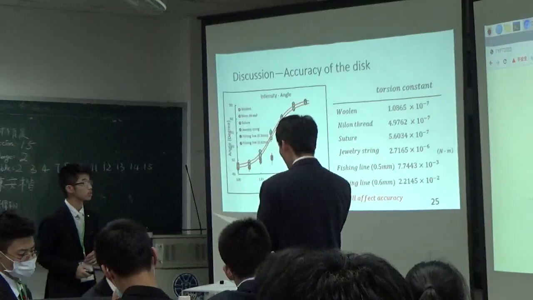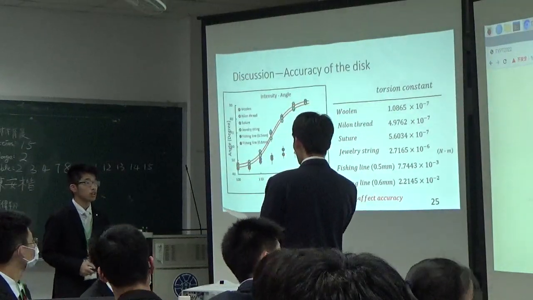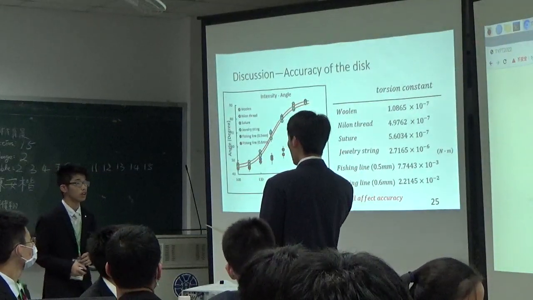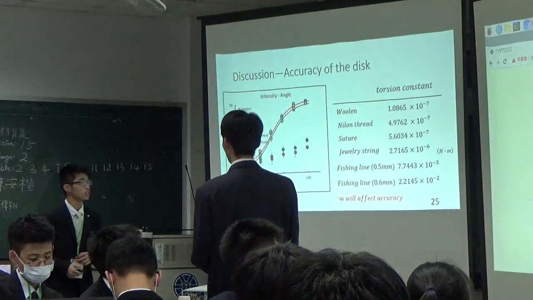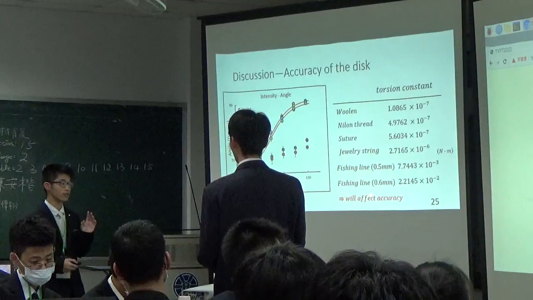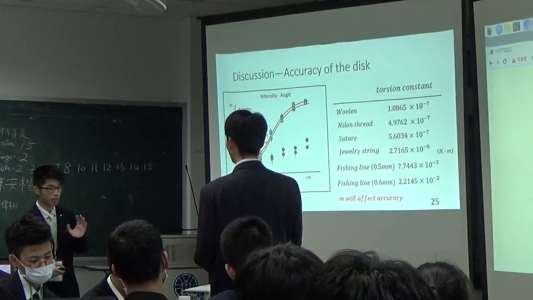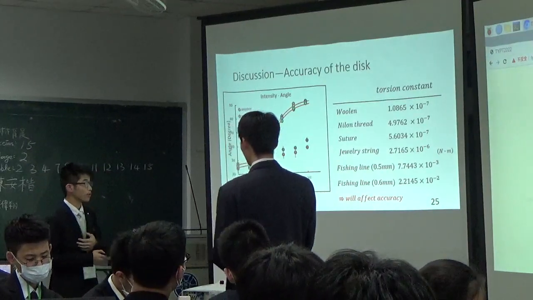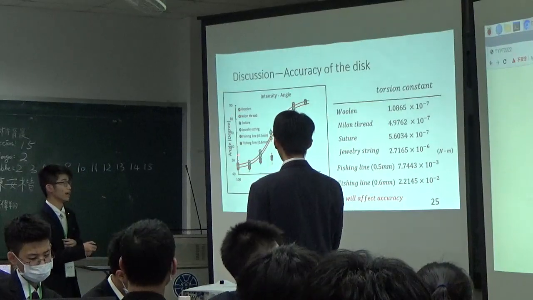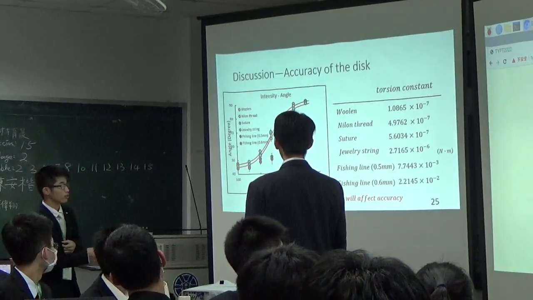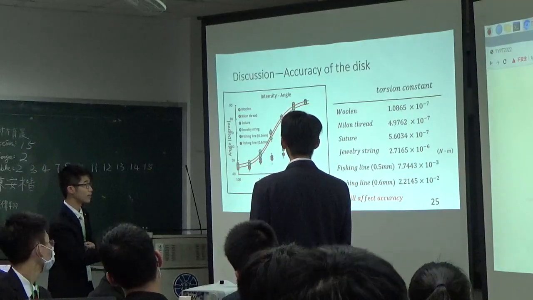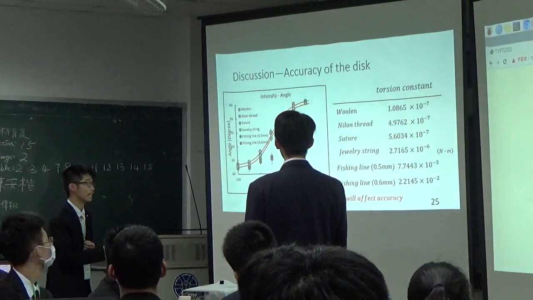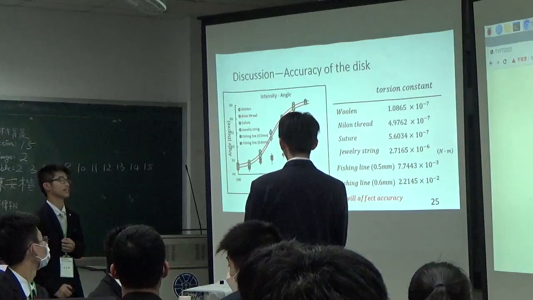Okay, so the angle that the disc is tilting, do you think that the bigger the tilting will have a more accurate, or smaller tilting will be more accurate? The accuracy will be caused by this. You see that this has a big deviation, so it is inaccurate.